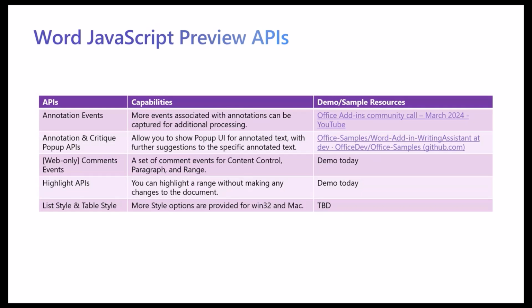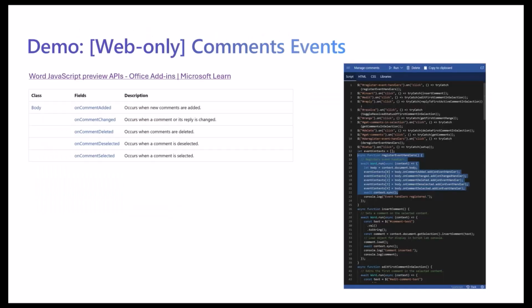Next, I will provide a couple of lab demos for two sets of APIs. One is the web-only comments events. We expanded the events for comments on Word Online. You can find detailed information about these APIs on our documentation site.